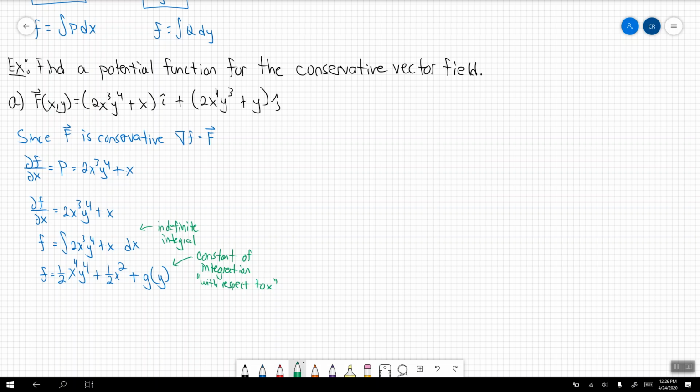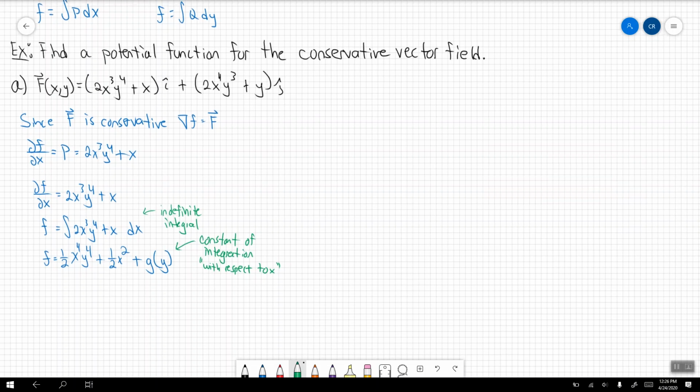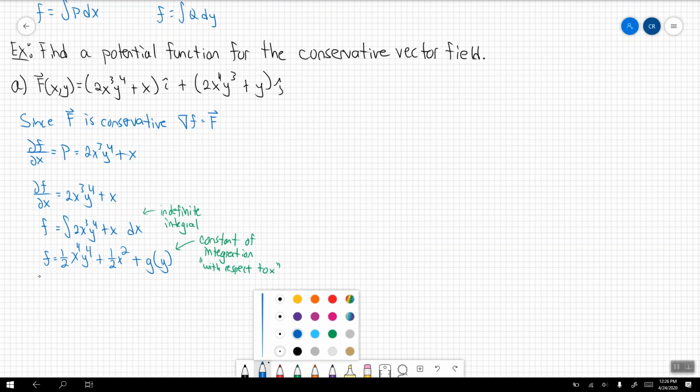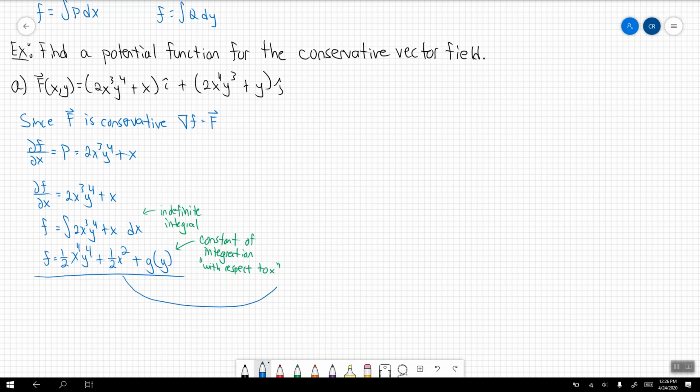So what I'm going to do now is take the derivative of this function. I'm going to carry it over here. So really quickly, I'm just going to list it again: 1/2 x to the 4th y to the 4th plus 1/2 x squared plus g of y.